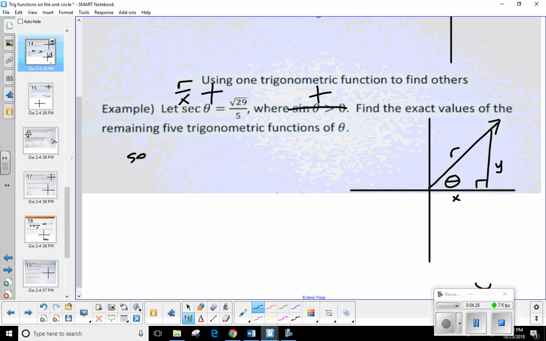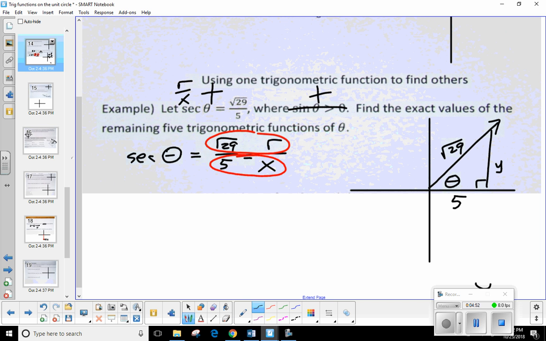We know that secant of theta is equal to the square root of 29 over 5, but I know the ratio is r over x. So this is telling me exactly what a couple of my sides are. I know that the radius is the square root of 29. And I know that the x value is going to be 5. Does everybody see how I did that?